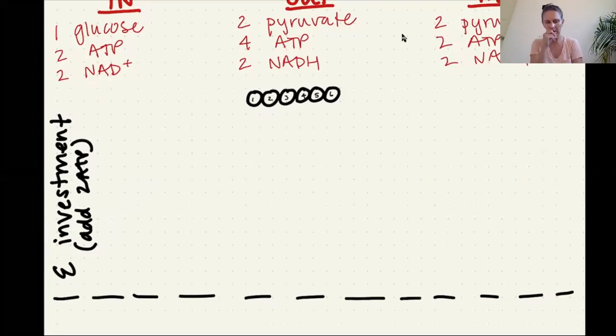The energy investment phase is going to be several different enzymes that convert this sugar into different things. So we're going to have 1 enzyme, 2 enzymes, and 3 enzymes. Those 3 enzymes, we don't have to know exactly what they do, but your book has lots of gory details.